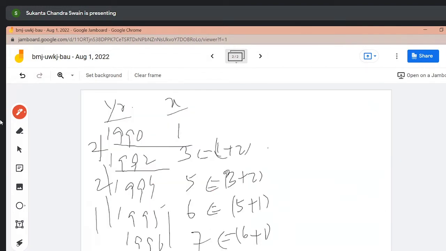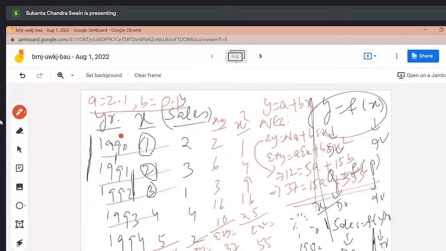Then our regression equation will be y is equal to 2.1 plus 0.1x. This is the regression equation, or we can also call it the sales equation. So sales data is there. We got the sales equation.